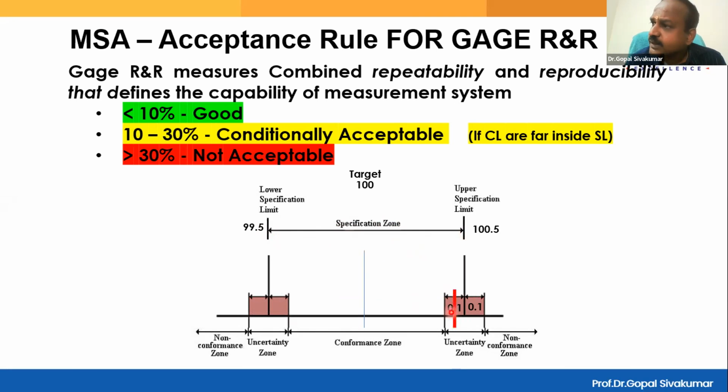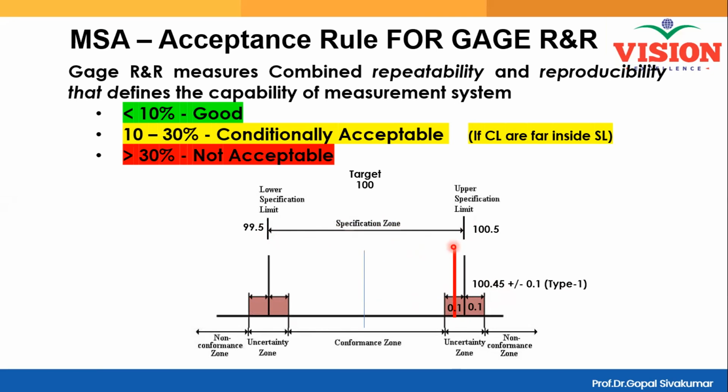Now imagine the product characteristic is 100.45. 100.45 means the product is acceptable or rejectable? Acceptable only. But your measurement system has an error of 0.1, 10%. Now 100.45 can be recorded as 100.55.